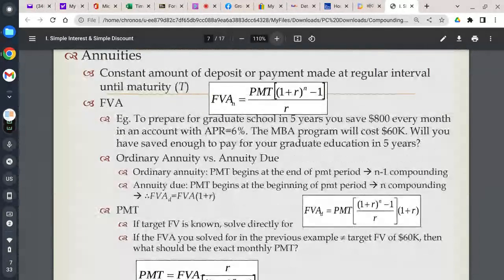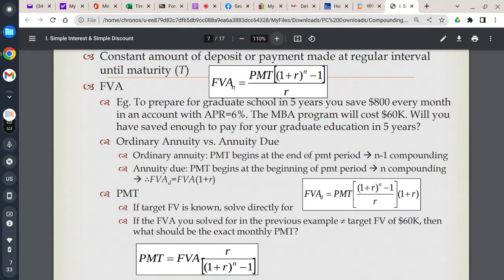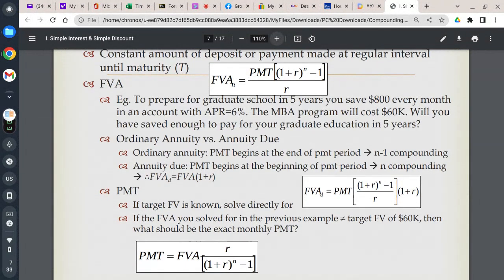Okay, so one example is the graduate school fund. You're preparing for graduate school, and your timeline is 5 years. So in 5 years, you want to go to graduate school. Let's say you want to take an MBA program, right?